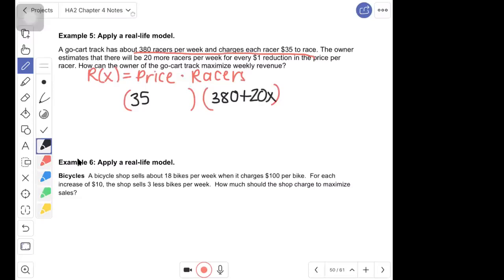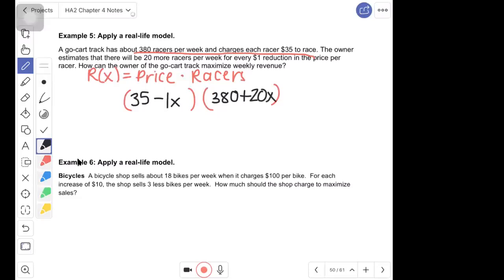We'll put that next there, but I'll explain. For every $1 reduction in the price, so if our price is being subtracted by $1, then we will add 20 more racers. So both of those are being multiplied by X.